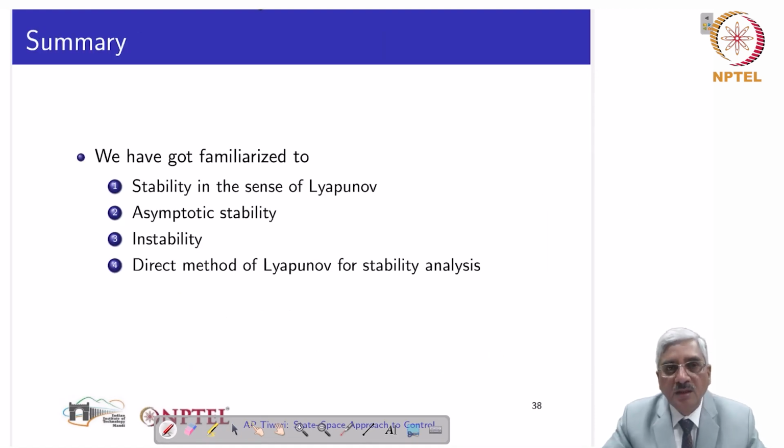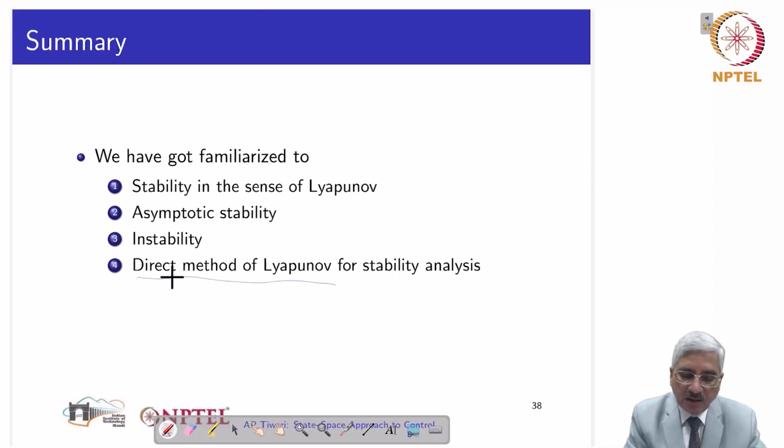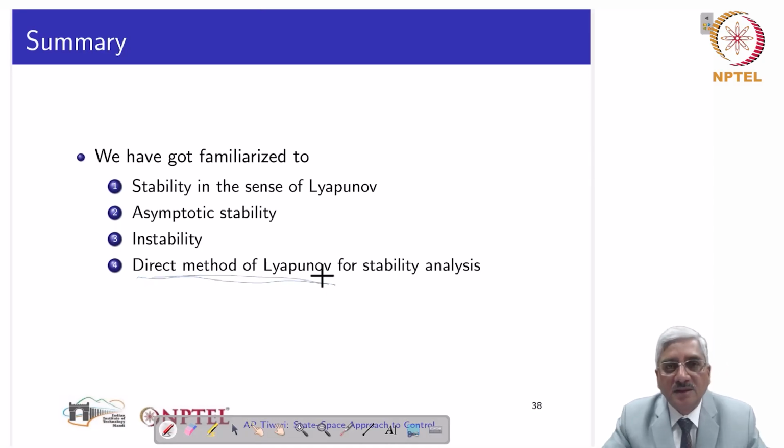Now we summarize this video. We saw the definition of stability in the sense of Lyapunov, and the asymptotic stability and the instability, the three definitions. And we saw the direct method of Lyapunov for the stability analysis.